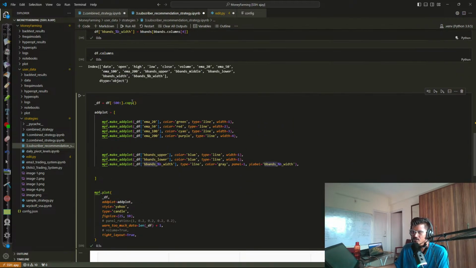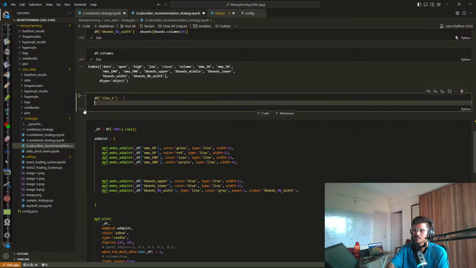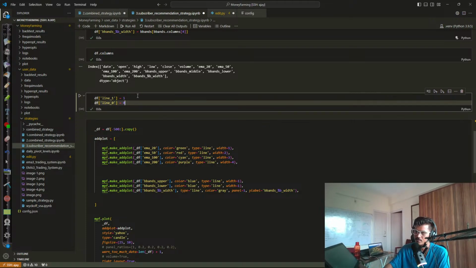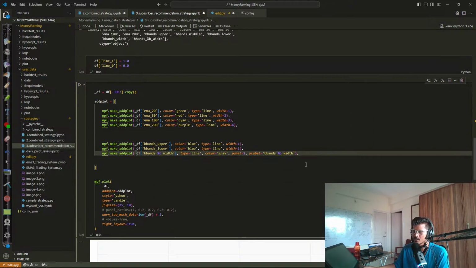Okay, so let's just draw that line, df 100 line, or just line 1, just keep it 1, line 0, just keep it 0, or 1.0, 0.0. Okay, now we draw that line here.